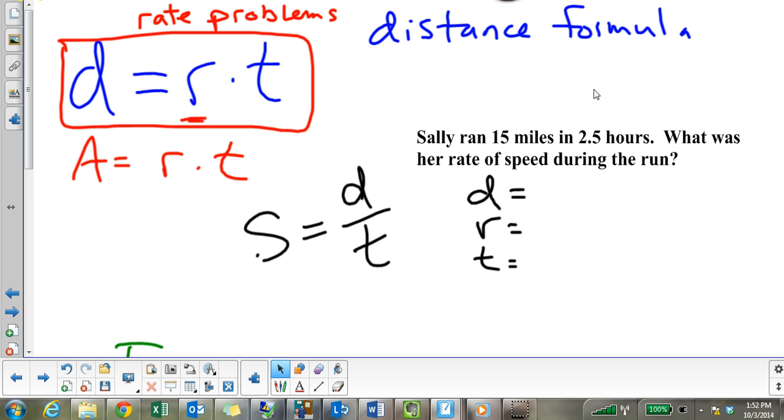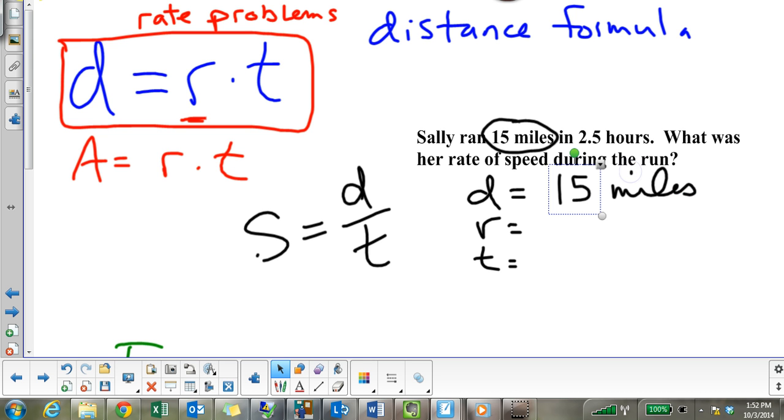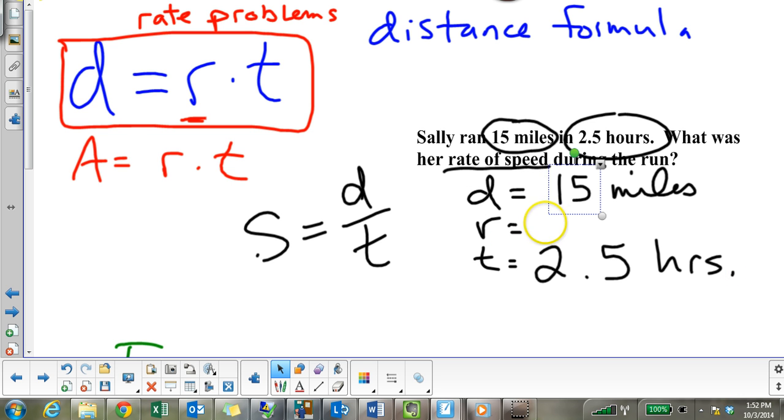So I look at the problem, and this 15 miles is part of the problem. That's a distance, so that would go in place right here. 15 miles is the distance. 2.5 hours, that's the time. And the question is, what was her rate of speed? So they are actually asking for the rate, so we'll call that x.